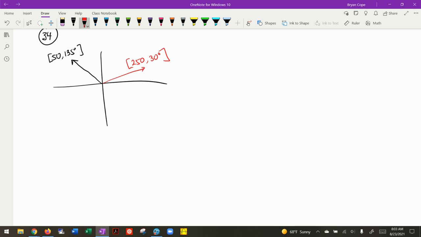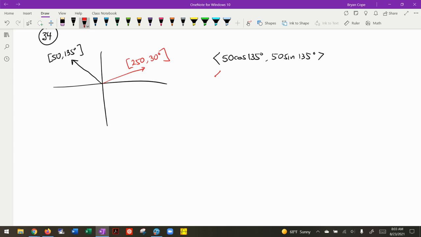So let's just check that I have those right. So north, 45 degrees west, that's correct. And then north, 60 degrees east, that's correct. And we need to basically add these. The resultant means add them. But we can't add them unless we know their components. So we're going to convert the first vector to rectangular form by going 50 cosine 135 and 50 sine 135.